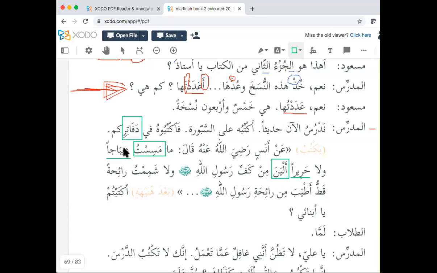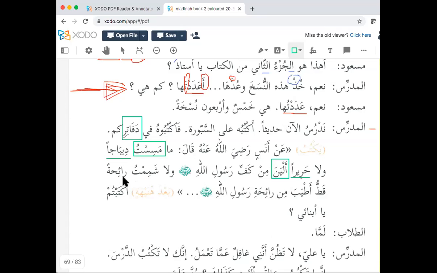Afwan. So alyana means softer, from leen, softness. ما مسست ديباجا ولا حريرا ألين من كف رسول الله. I did not touch any velvet or silk that was softer than the palm, the kaf, of the Messenger of Allah sallallahu alayhi wa sallam. ولا شممت, and I did not smell.